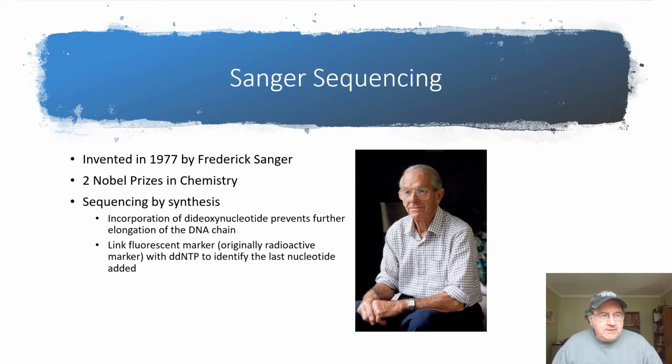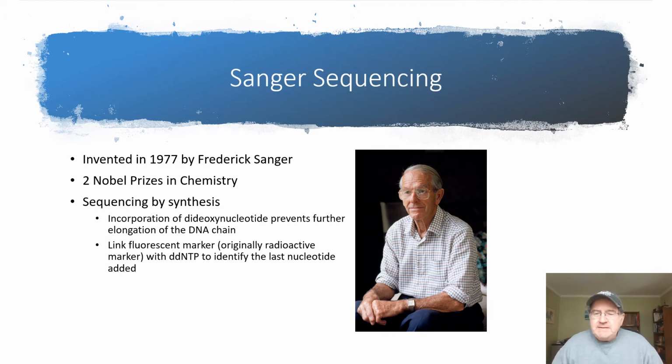Now, dideoxynucleotides, because of their chemical structure, are unable to form a bond with a subsequent nucleotide. So whenever a dideoxynucleotide gets incorporated into the growing DNA molecule, that stops any further elongation of that chain.